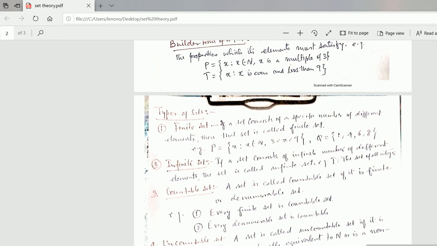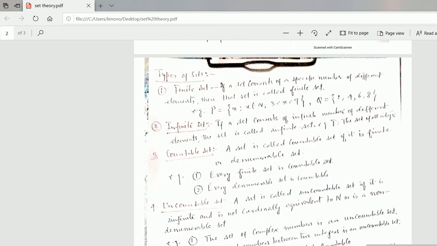There are many types of sets, like finite set. If a set consists of a specific number of different elements, then that set is called a finite set. For example, P = {x such that x belongs to N and x lies between 3 and 9}, Q = {2, 4, 6, 8}.